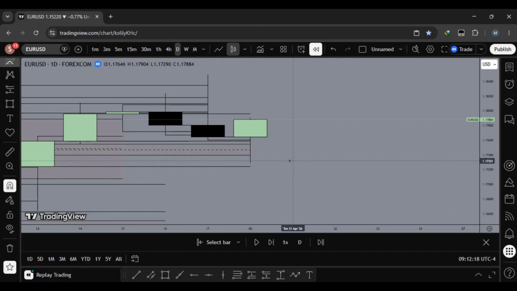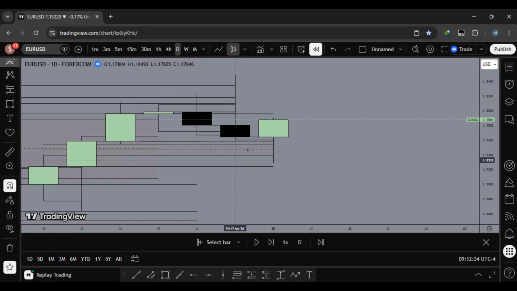You see? So what did the price do? Price came down, swept this low, previous day low, swept Asia and London low, and then came into this fair value gap and respected it.